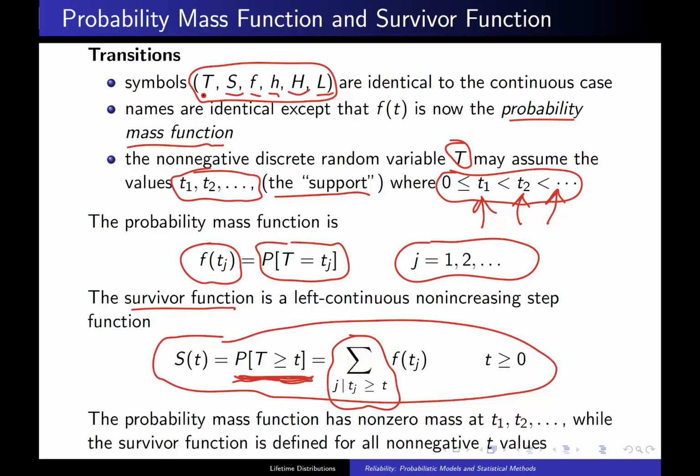So from t all the way out to infinity, you simply add up the associated probability mass function values. So the probability mass function has non-zero mass at t1, t2, etc., while the survivor function is defined for all non-negative t values. So you can think of in a graph, and we'll draw a graph in a few minutes, this will be a bunch of spikes, whereas this will be a step function.